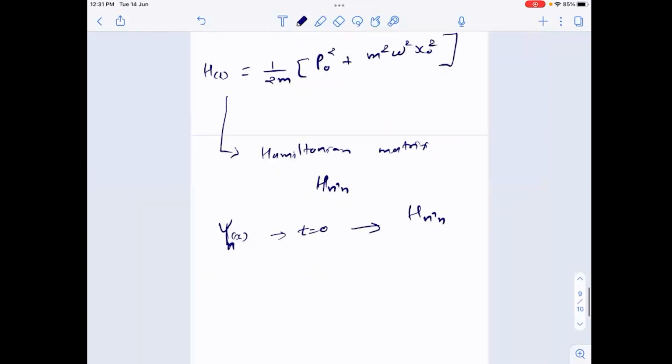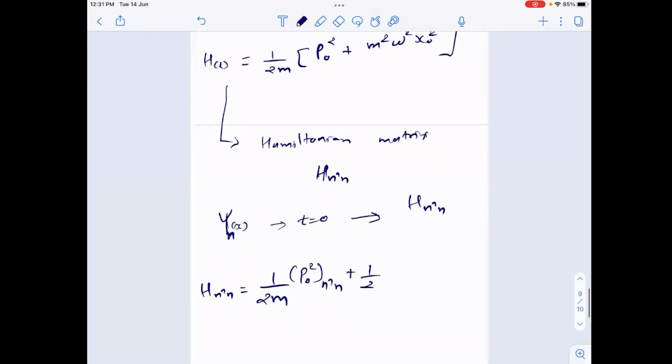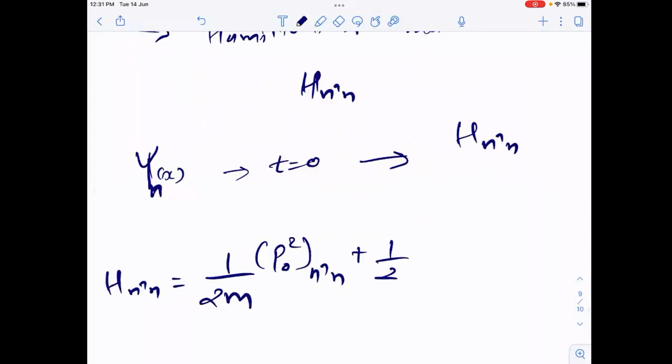So, let me write the H n dash n in this particular form again. 1 upon 2m, I will separate the terms. At t equal to 0, p0 square n dash n plus half m omega square x0 square n dash n.